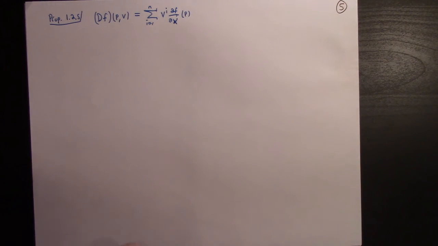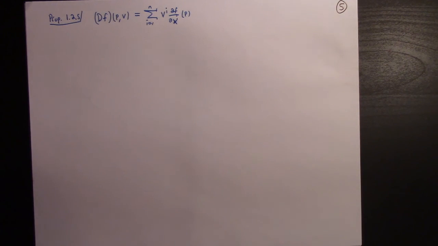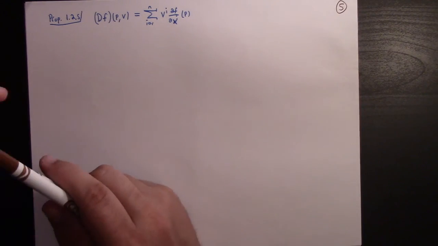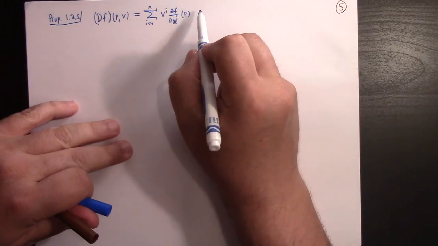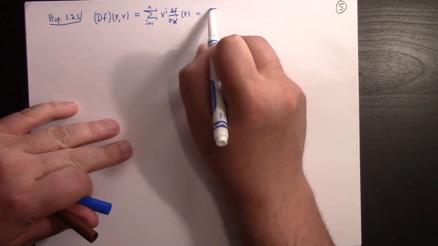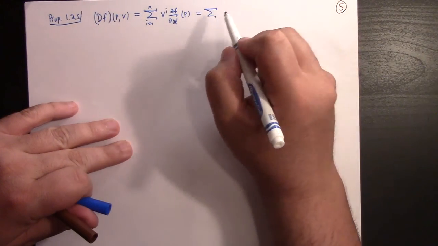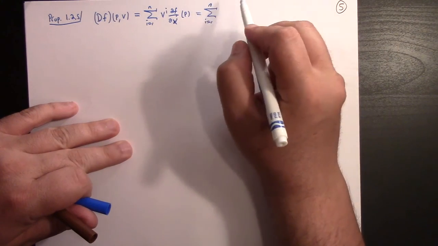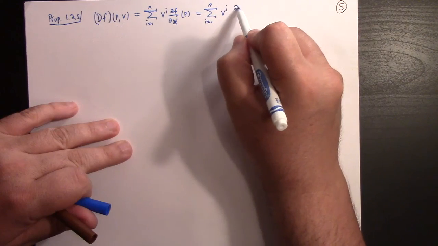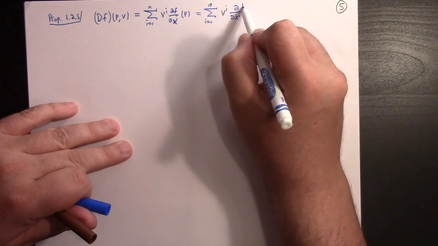Now, that's lovely. And it brings us actually to, here's the thought. If we write this a little bit different, you can express this also as being the sum i equals 1 to n, my paper's bouncy, let's see, v i partial x i at p.